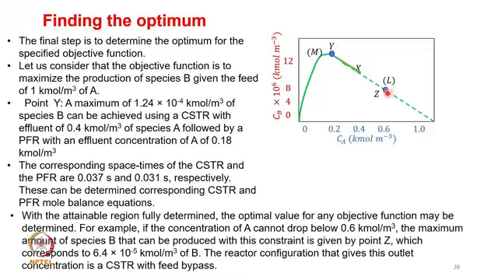So, what is this reactor configuration? Any point on this line would be a CSTR followed by a bypass of the feed. This is how you determine the sequence of reactors, which reactor you should place before or after, and what the corresponding volumes are.